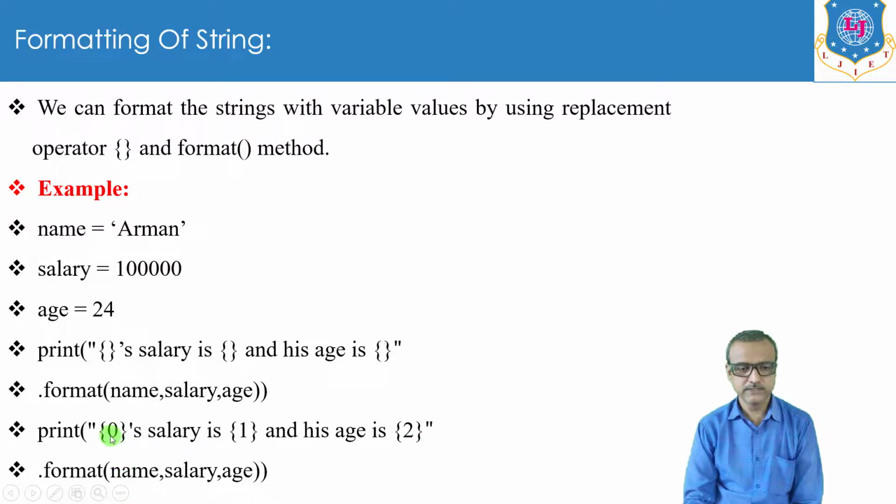So 0 it will take as name, and name is nothing but Arman. Similarly 1 is nothing but salary, and that is 1 lakh, and 2 is nothing but age, and that is 24. So again this print statement will give us the same output, and that is Arman's salary is 1 lakh and his age is 24.